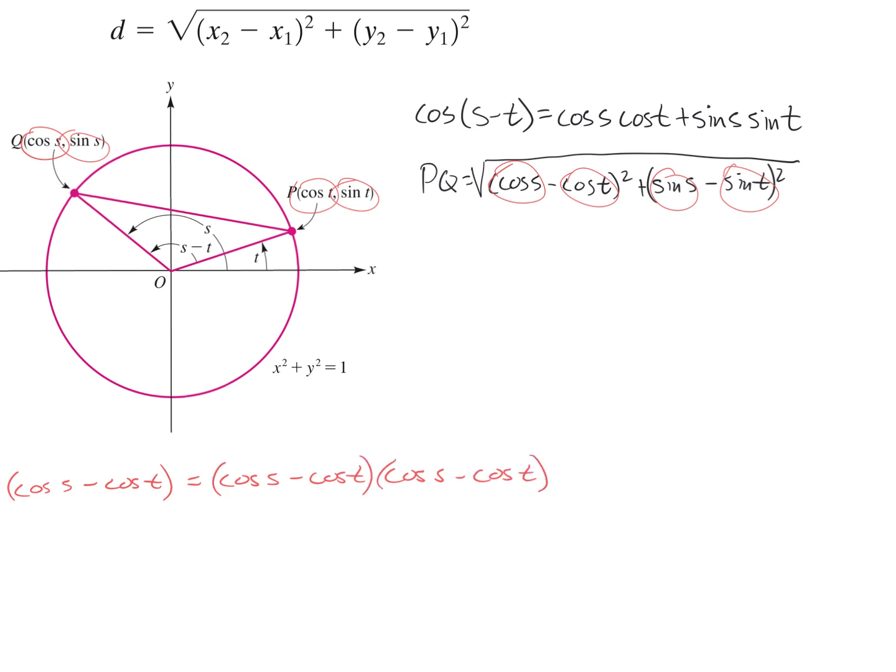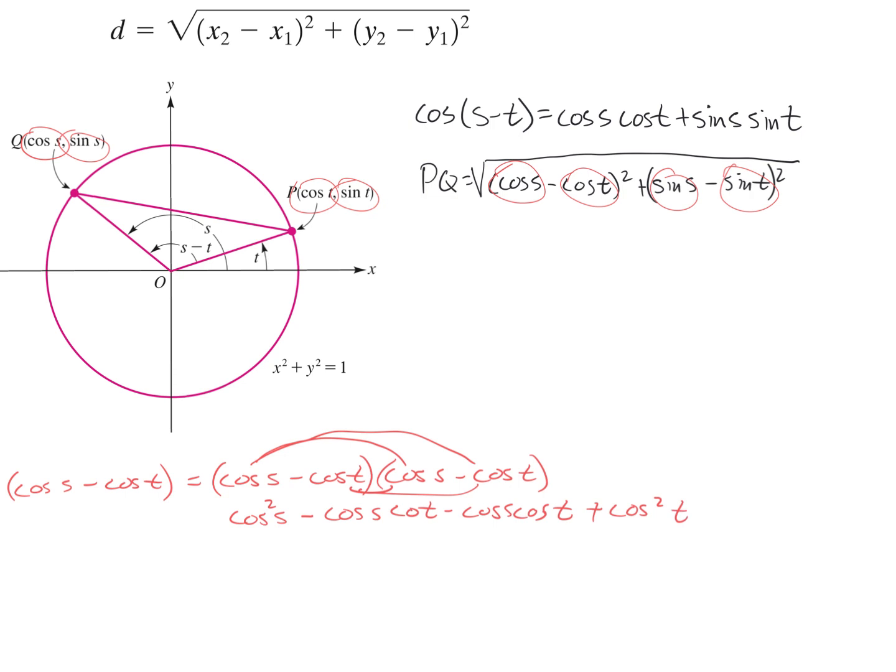Okay, so these being multiplied is cosine squared s, and then this is minus cosine s cosine t, minus another cosine s cosine t, right? And then the last one here is negative times negative is positive, cosine squared t.